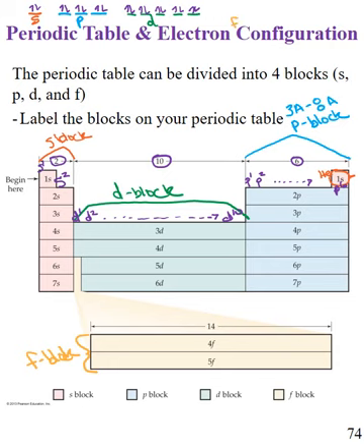Okay, and then we have the F orbital. The F orbital can hold how many electrons? 14 electrons. So we're going to go from 1 all the way up to 14.